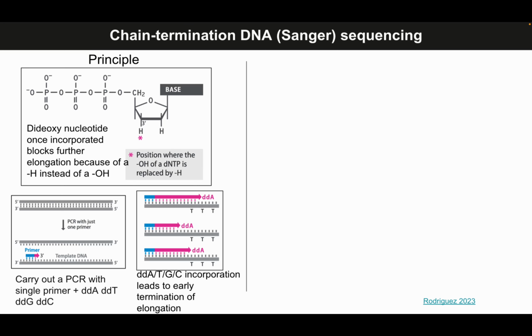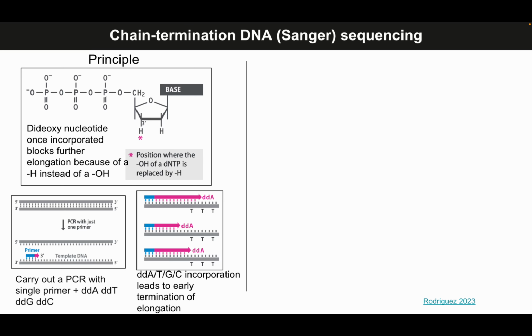So to do this, we start with a DNA strand. We start with a reaction chamber, and in that reaction chamber, we put certain special nucleotides. These are called dideoxy, ddNTPs. The other ones are your dNTPs, deoxynucleotide triphosphates.